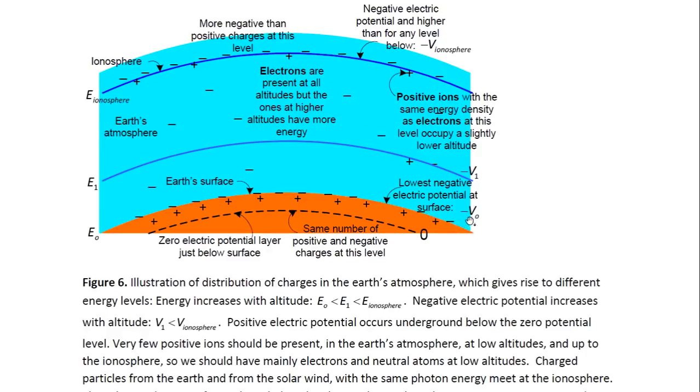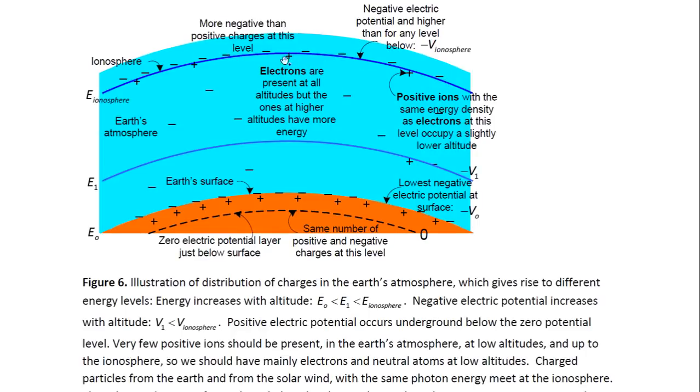And that means that the electric potential goes up as we move up in altitude. But it's negative. So we could say the absolute value increases as we go up. But it's negative because it's to do with a greater number of negative charges.